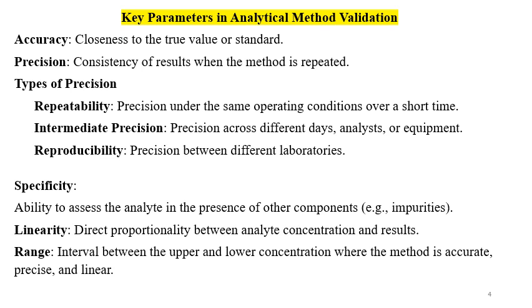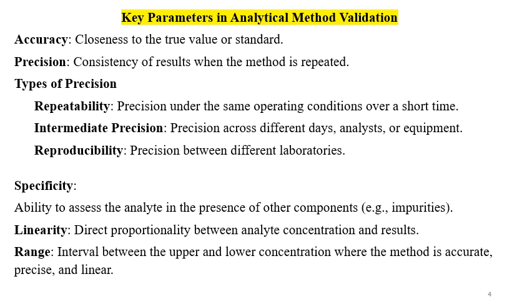And why is this required? Because the analytical methods are developed in the research lab and then these are transferred to the quality control labs. So there should be accuracy, precision, repeatability, intermediate precision, and reproducibility.